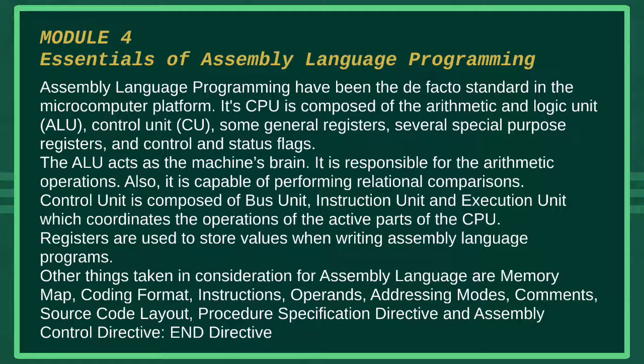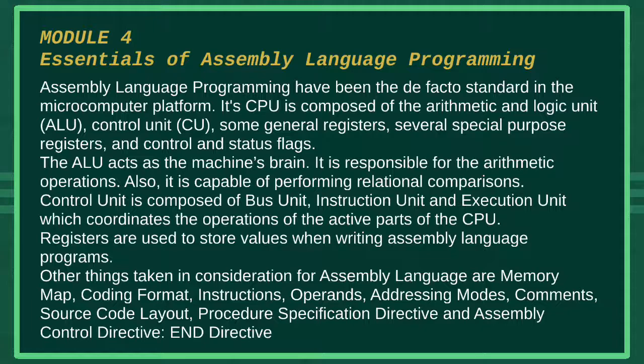It is responsible for the arithmetic operations. Also, it is capable of performing relational comparisons. The control unit is composed of the bus unit, instruction unit, and execution unit, which coordinate the operations of the active parts of the CPU. Registers are used to store values when writing assembly language programs.